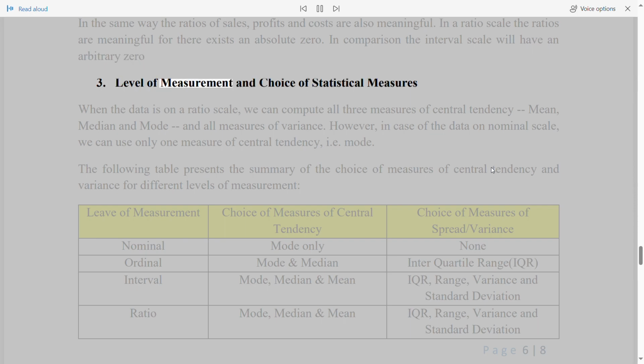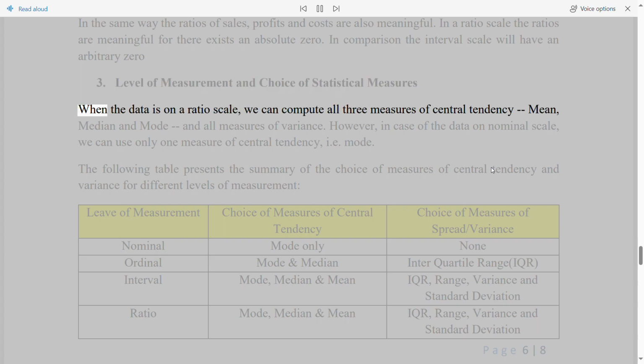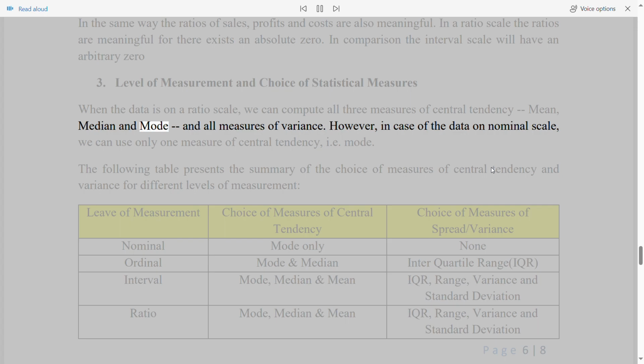3. Level of measurement and choice of statistical measures. When the data is on a ratio scale, we can compute all three measures of central tendency, mean, median and mode, and all measures of variance.